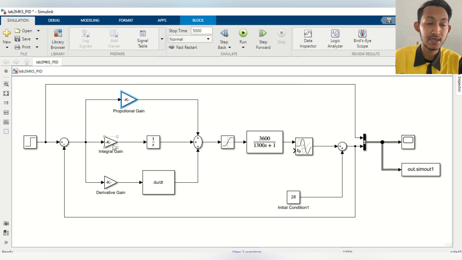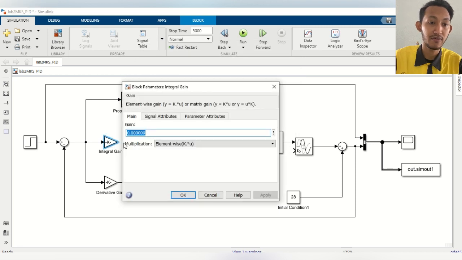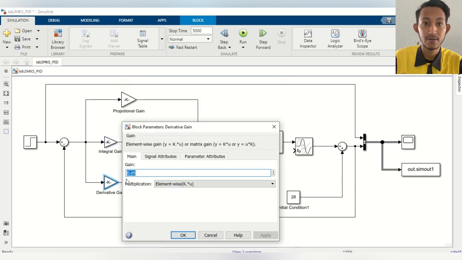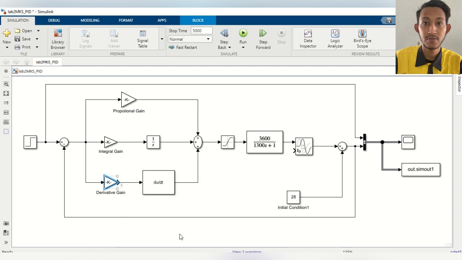The lower derivative gain is more stable for the system. And then we click run, and then we click scope, and then this is the graph.